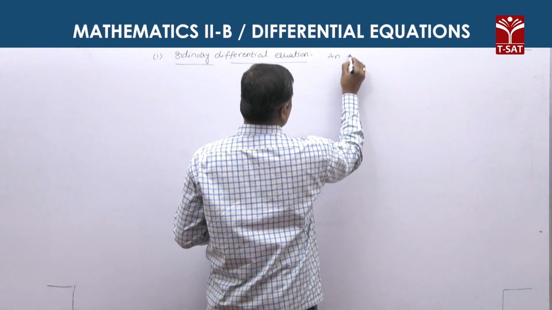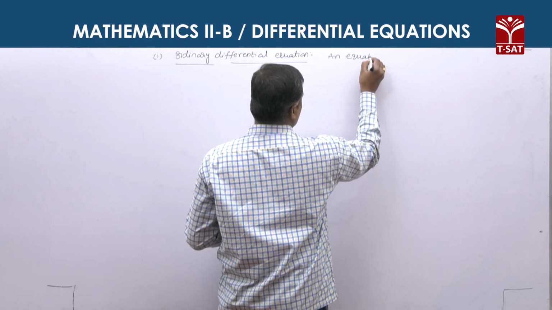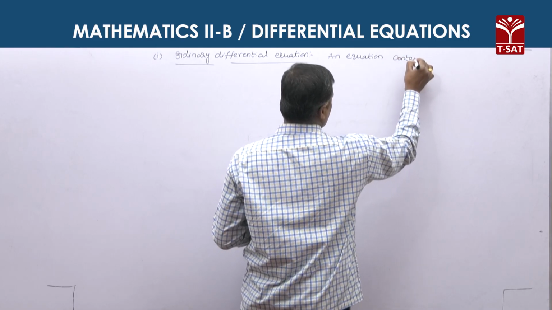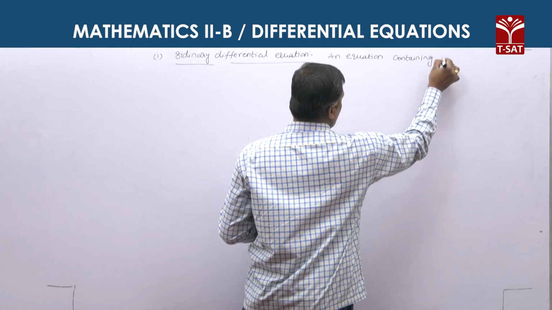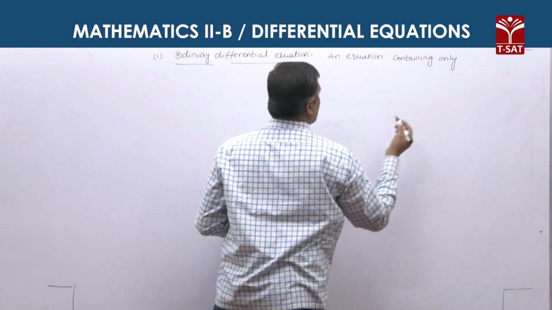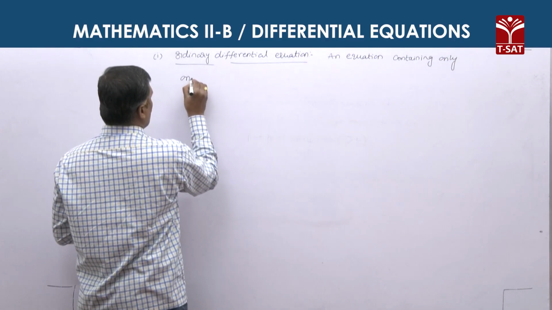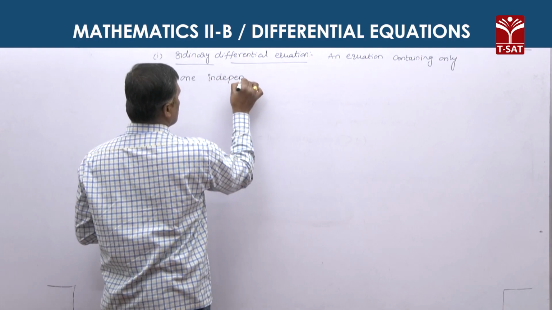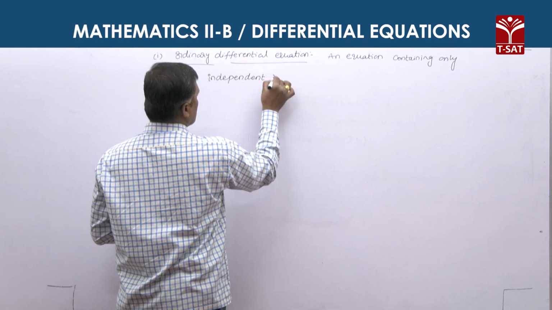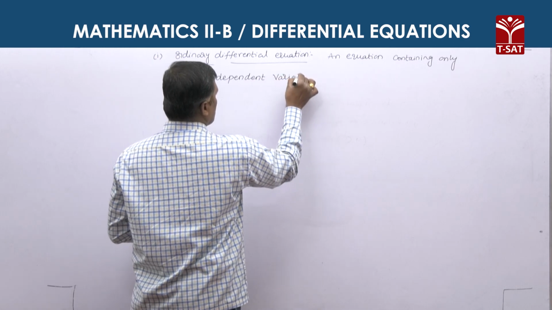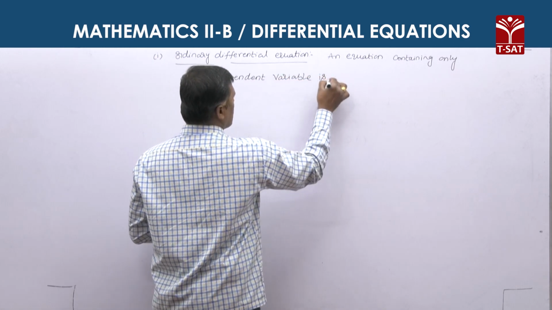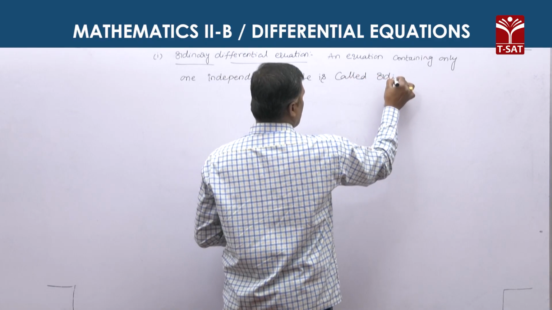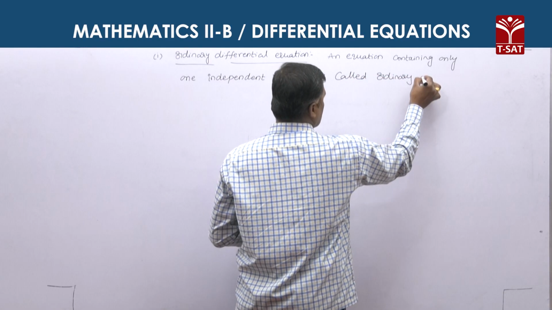An equation containing only one independent variable is called ordinary differential equation.